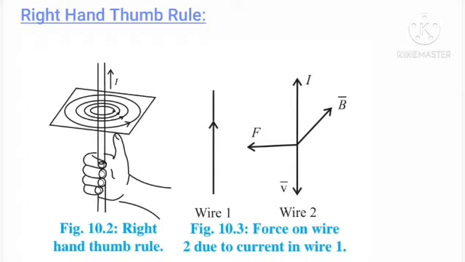Then your fingers which are curled around the wire will show the direction of magnetic field. You can see in this diagram the fingers are curled around and show the direction of magnetic field, and the thumb shows the direction of current through the wire. So this is your right hand thumb rule. Magnetic field and electric current are perpendicular to each other.